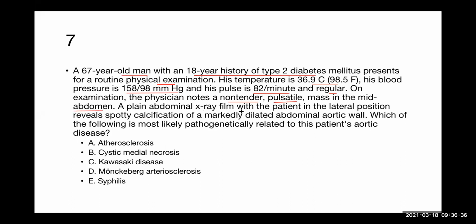A plain abdominal X-ray film with the patient in the lateral position reveals spotty calcification of a markedly dilated abdominal aortic wall. I'm sure a lot of the students have already made the diagnosis here. Which of the following is most likely pathogenetically related to this patient's aortic disease? But first of all, we should make sure which disease this is. What is the pathology here in the aorta?